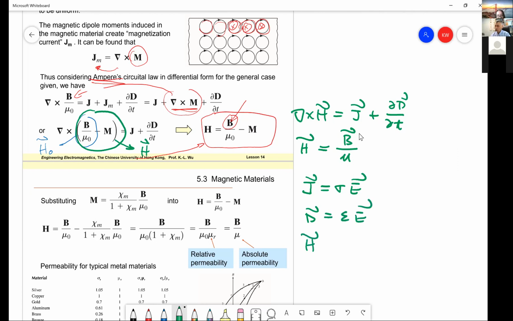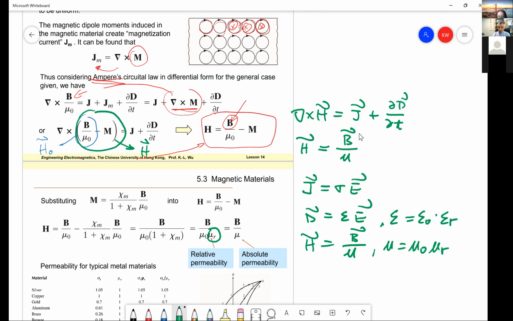Now we have H. Both the permeability and the permittivity: mu is the free space permeability times the relative permeability, and the absolute permittivity equals the free space permittivity times the relative permittivity.